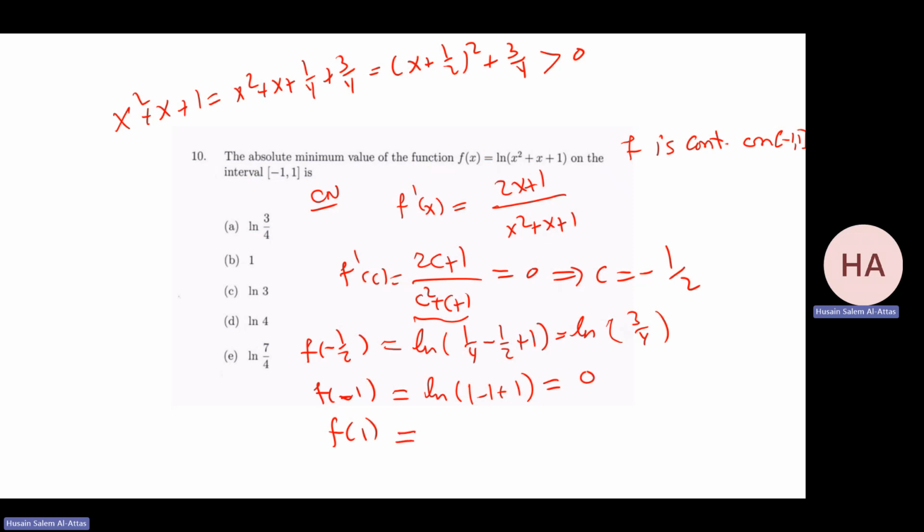F of 1 will be ln of 1 plus 1 plus 1, which is ln 3. Now, which one is bigger, 0 or ln 3 over 4? Just think about this. This is ln 1, and since ln is a continuous function, it is very clear this will be the absolute minimum, since 3 over 4 is less than 1. So that will be the answer.